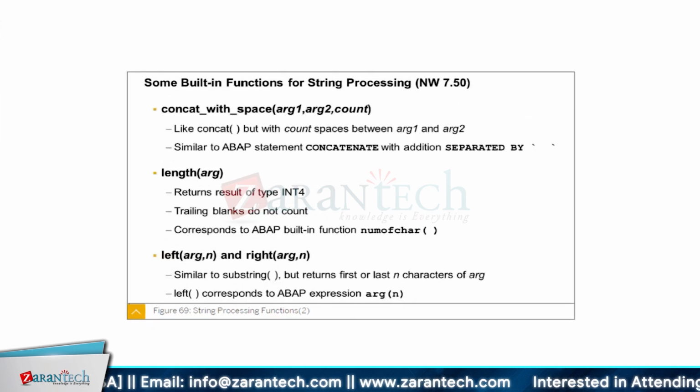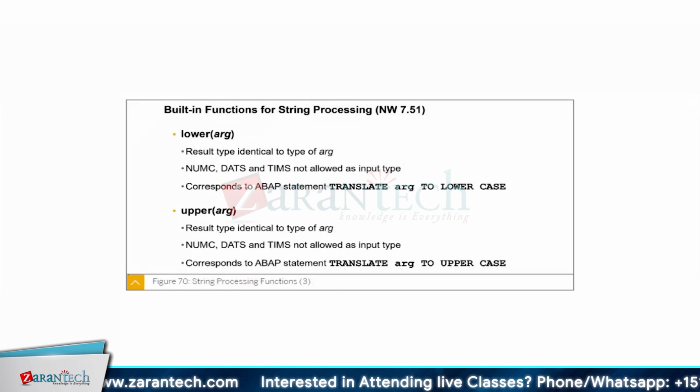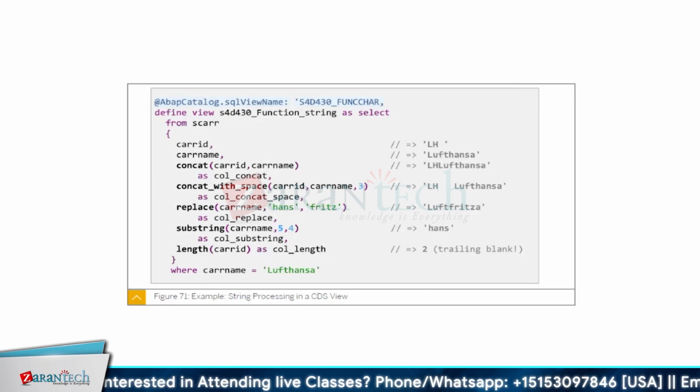These operations also we can execute, finding the length, finding the left 10 characters, right 10 characters, kind of operations also we can use. Converting into lowercase, converting into uppercase also we can use. So these are some of the examples. We will execute these examples in the system, about concatenation, replacing, finding the substring, finding the length.